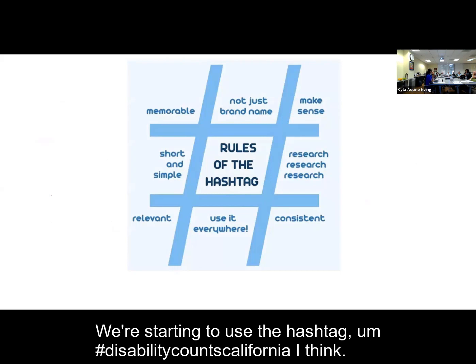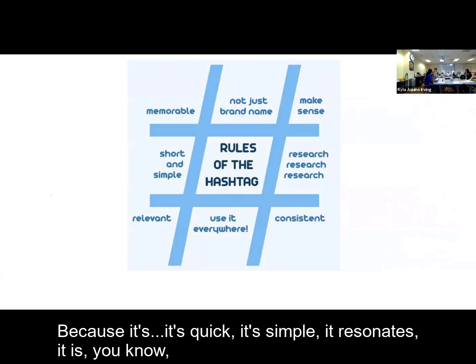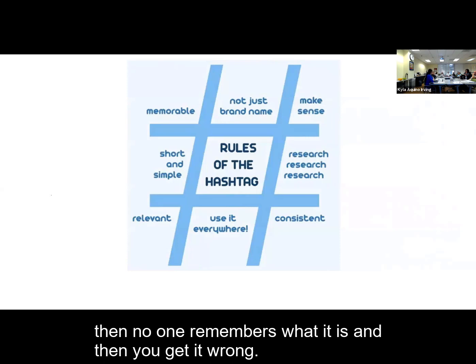We're starting to use the hashtag disability counts California, I think, but it resonated more for our people to say disability counts, because it's quick, simple, it resonates, it represents what we're trying to accomplish without using something like DCAQ 2019, and then no one remembers what it is, and then you get it wrong.